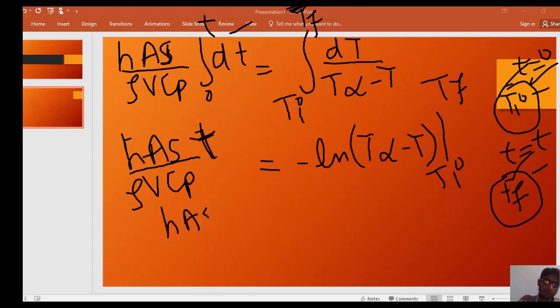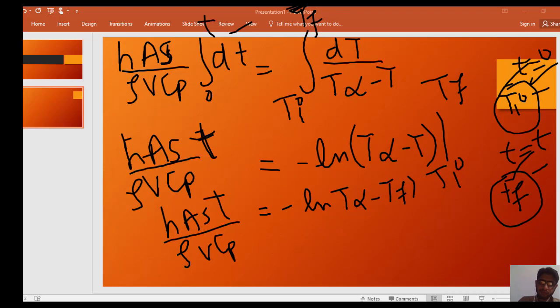We will get h times area of the sphere times time over density, volume, specific heat, which is equal to minus ln of T infinity minus Tf divided by T infinity minus Ti.